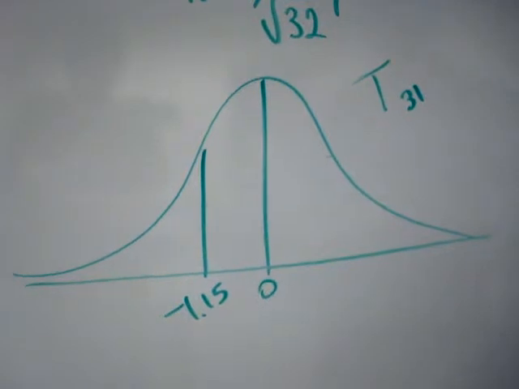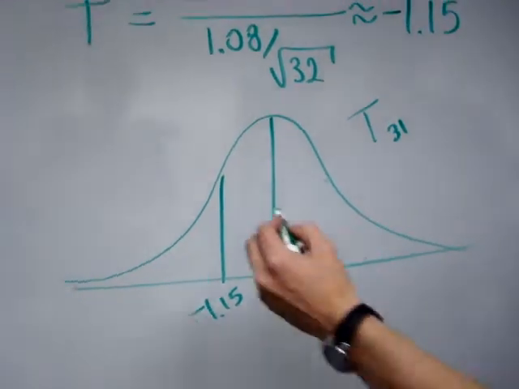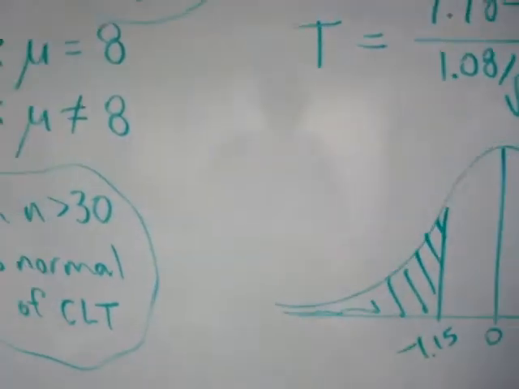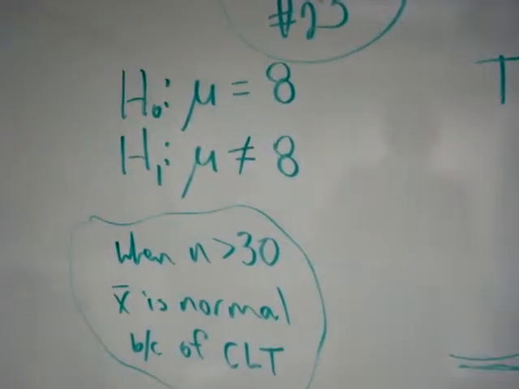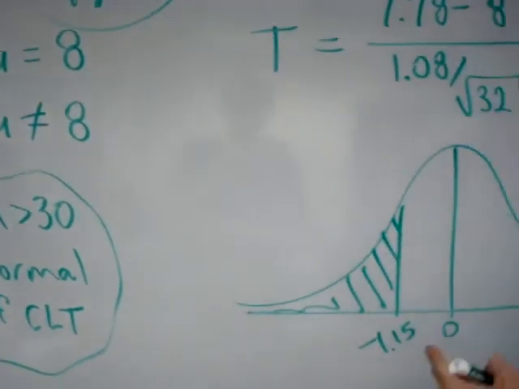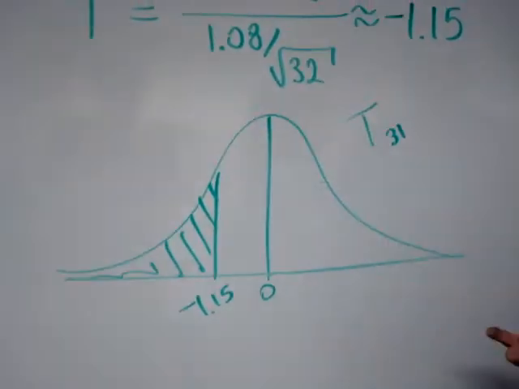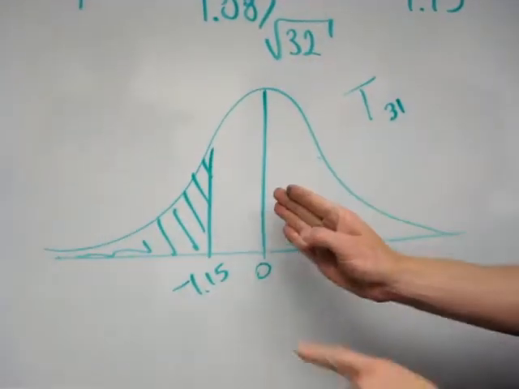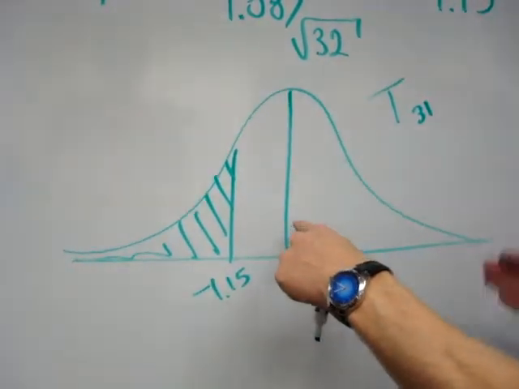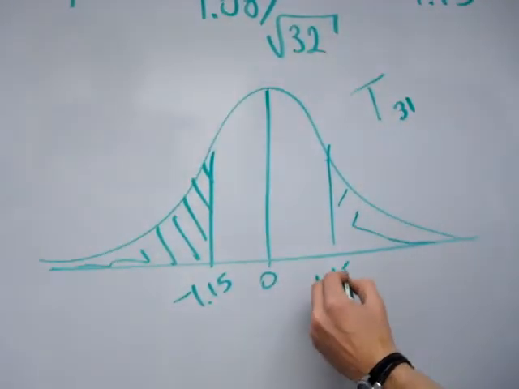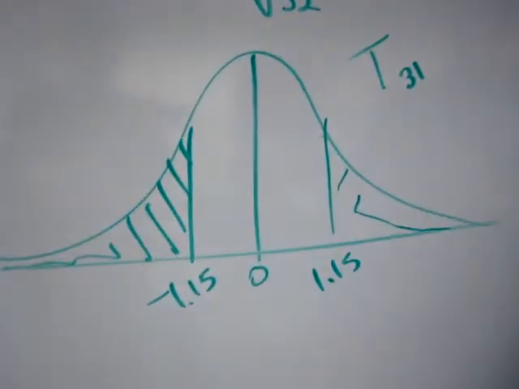And so what we're doing to find our p-value is we find all the area to the left, because this is a two-tailed test, got a not equals there, and we're going to have to double it, because the values over here in this tail are just as unusual. If you think that the mean is 8, having values over here or over here would both be equally as unusual. So we also want to find the area to the right here.